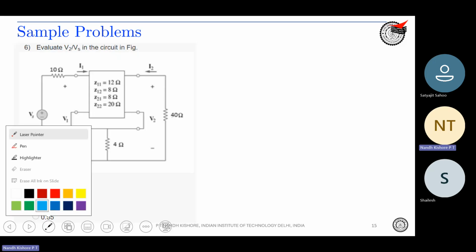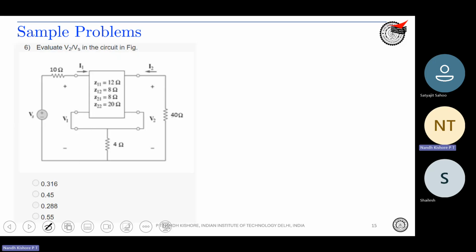First of all, you cannot directly write V1 equal to Z11 I1 plus Z12 I2 and so on, because it is not directly grounded, correct?